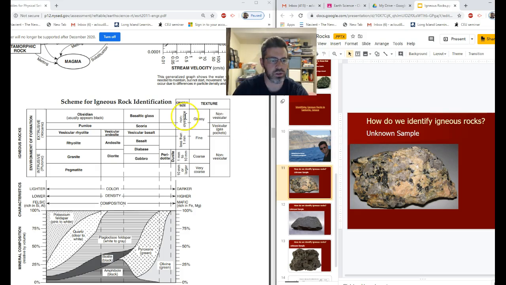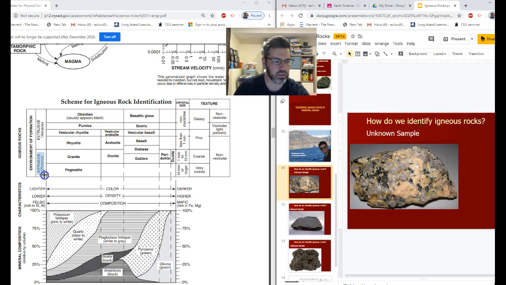So what I'm going to do now is go to the scheme for igneous rock identification. I want to take you through a couple of the steps and get you familiar with what this table actually looks like. I'm going to use the highlighter tool to take you through it. We said before, this is a chocolate chip cookie. If it's chocolate chip, it had a long time to cool down, so this is going to be an intrusive rock.